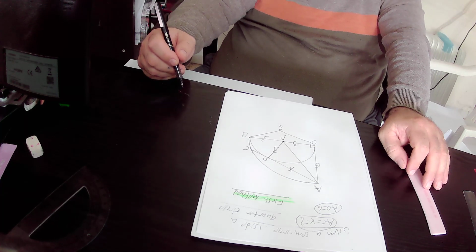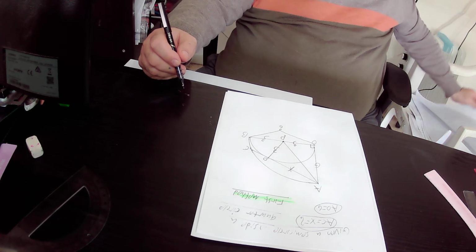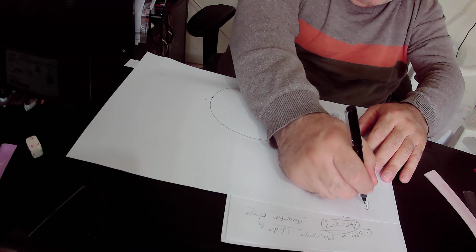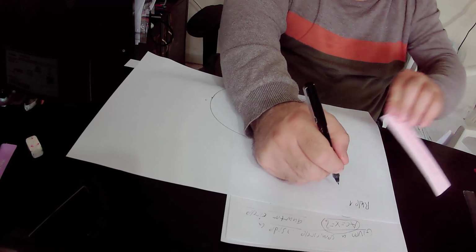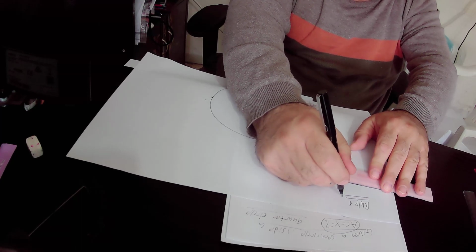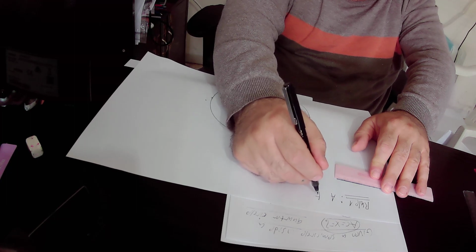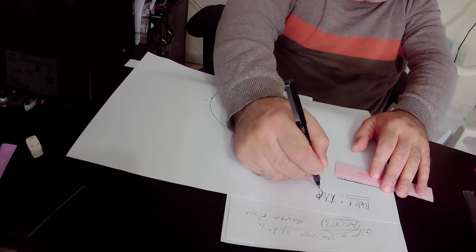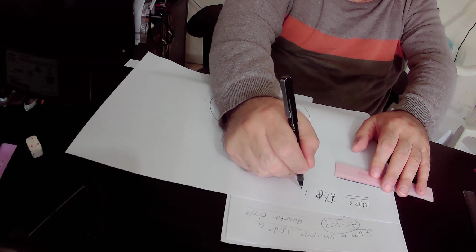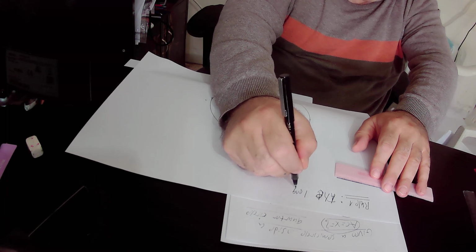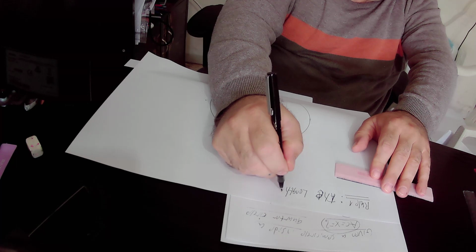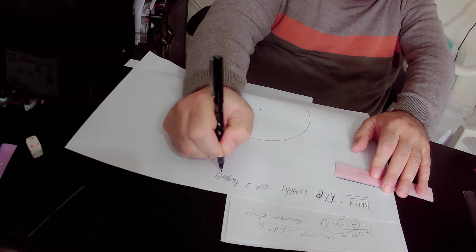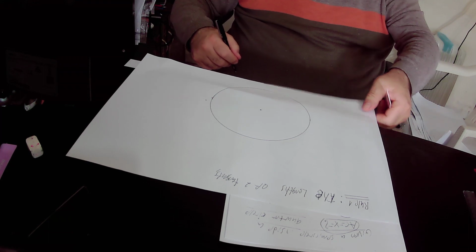And I will present to you a new rule, which is rule number 1. According to rule number 1, the lengths of two tangents from a common external point to a circle are equal.